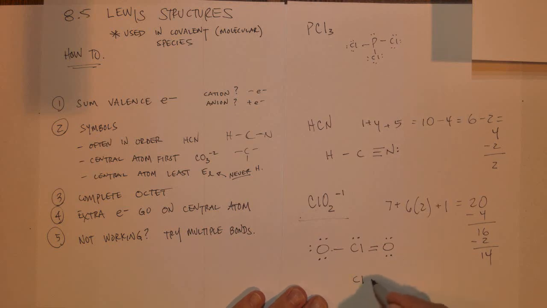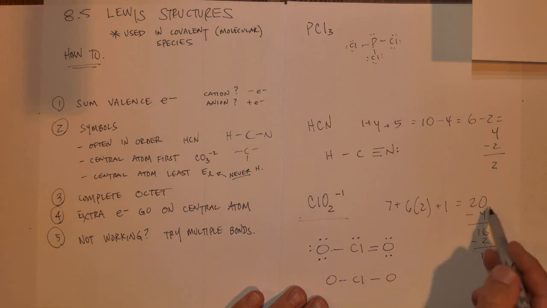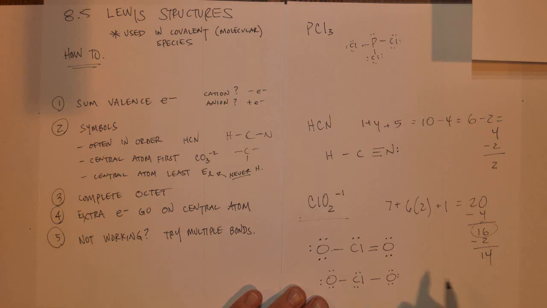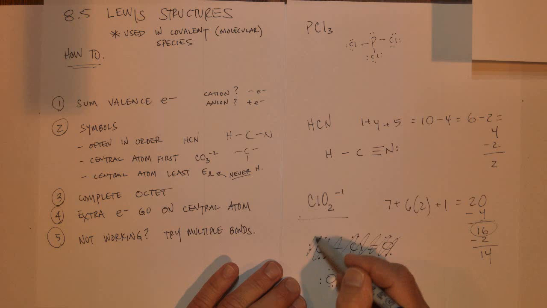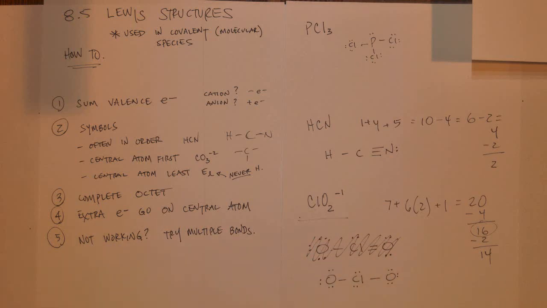Let's back up here. Let's go to this again. 20 minus 4, I have 16 electrons left. Let's try it. 2, 4, 6, 8, 10, 12, 14, 16. Oh, I didn't have to use a double bond right there. I miscounted. I'm glad you actually got to see me make that mistake, when I could have just put my electrons around it because I had 14 electrons remaining to make it work.